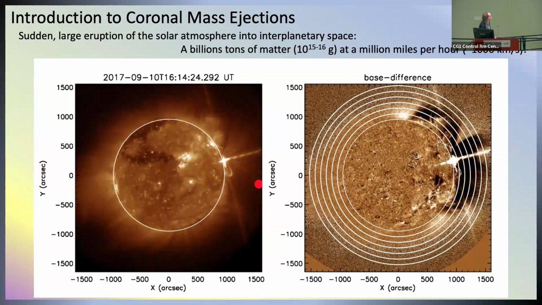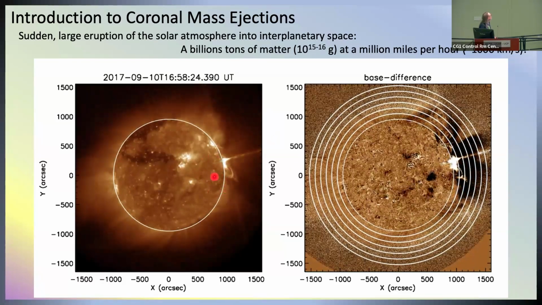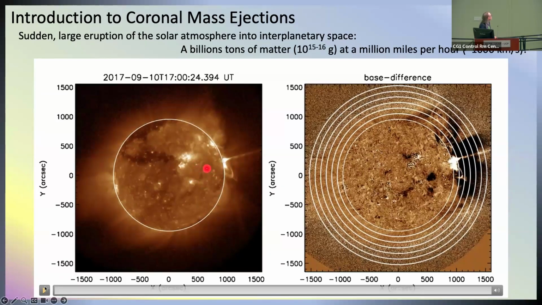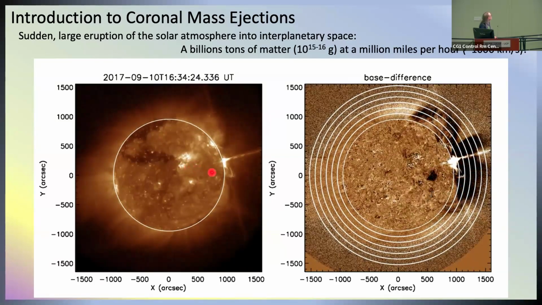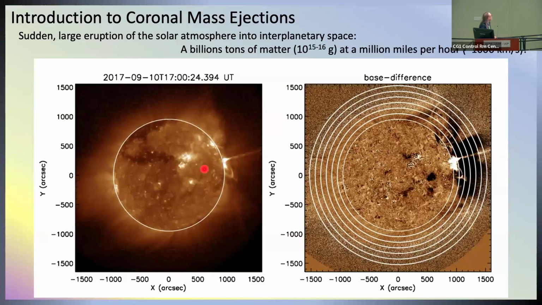What we're looking at is over here. And so this is an example of a relatively energetic CME. This was the famous September 2017 eruption. There are a couple different things here. On the left, we've got just the straight SDO AIA movie.